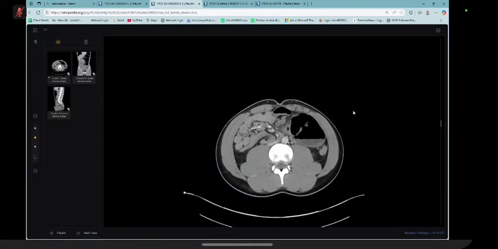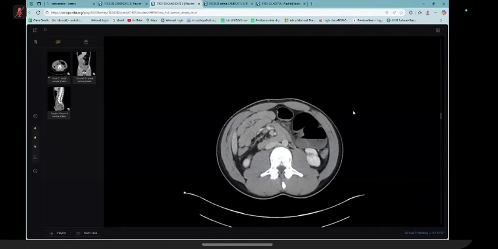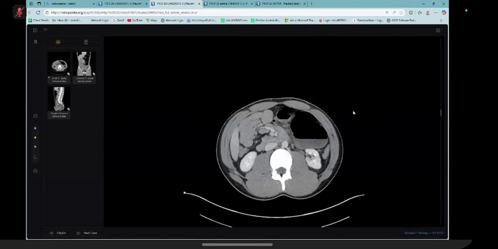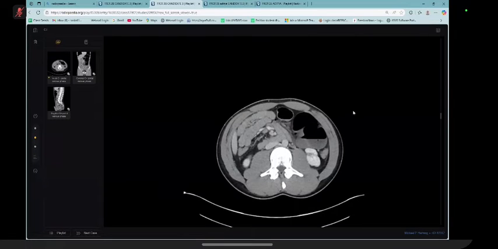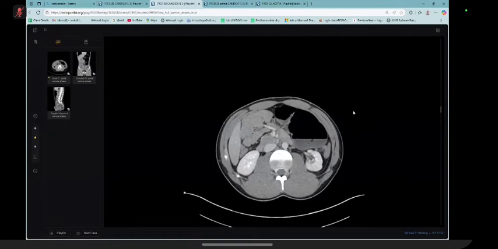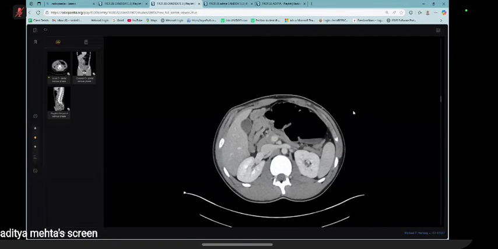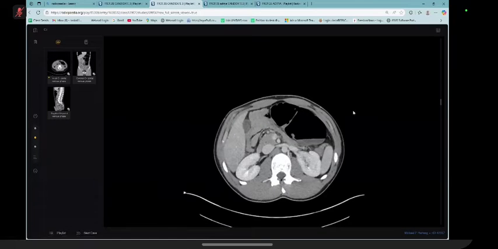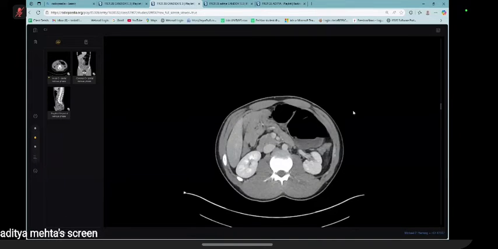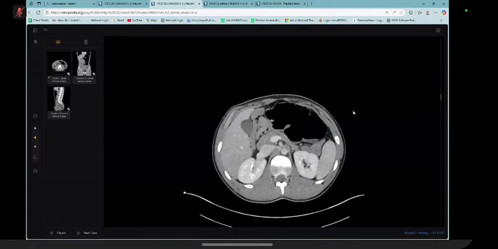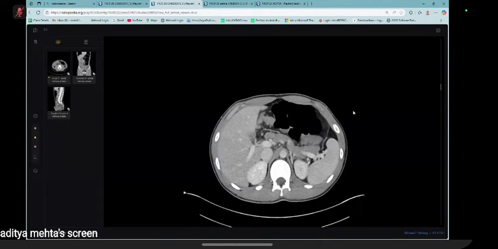I couldn't see the ascending colon in its normal position, and there is evidence here of dilated colon, mostly the cecal part of the ascending colon. I want to look for a spiral sign for the vessels and the mesentery.